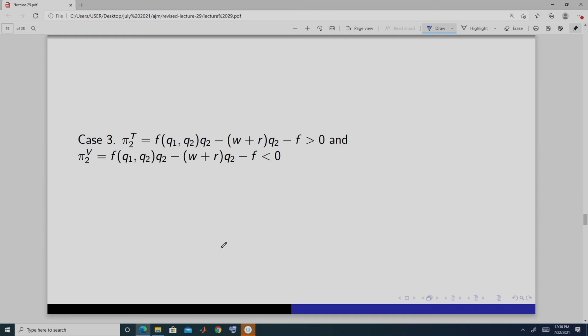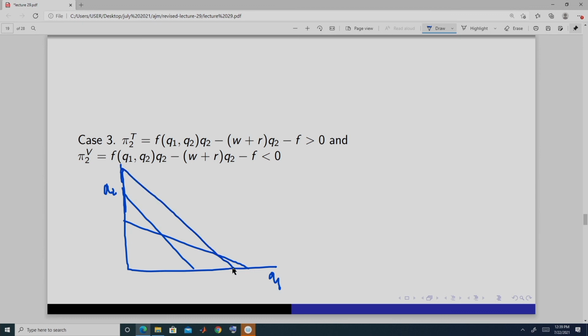In case 3, we have a situation where we get this outcome, that suppose this is the reaction function of farm 2, this is point T, this is point V. Okay. Now, the profit here of farm 2 is positive.